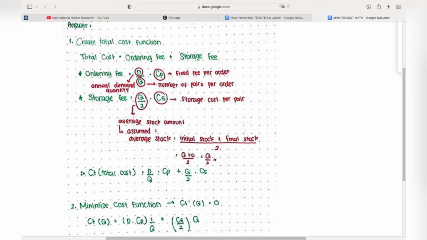Then, Q plus 0 divided by 2 equals Q divided by 2, and that is the average stock. Then, we need to find CT, the total cost. We can find it by D per Q multiplied by CP plus Q divided by 2 multiplied by CS.